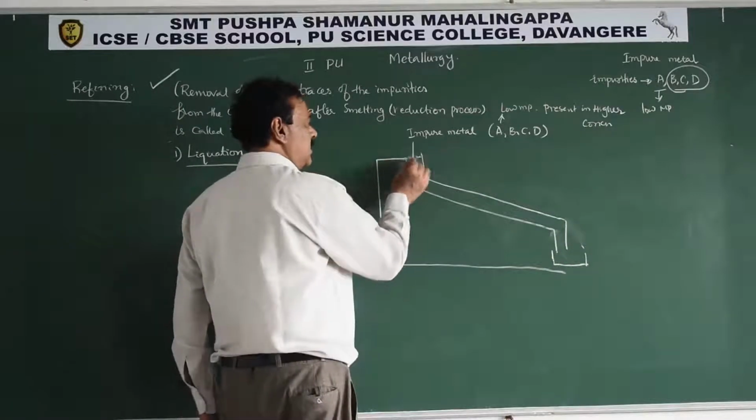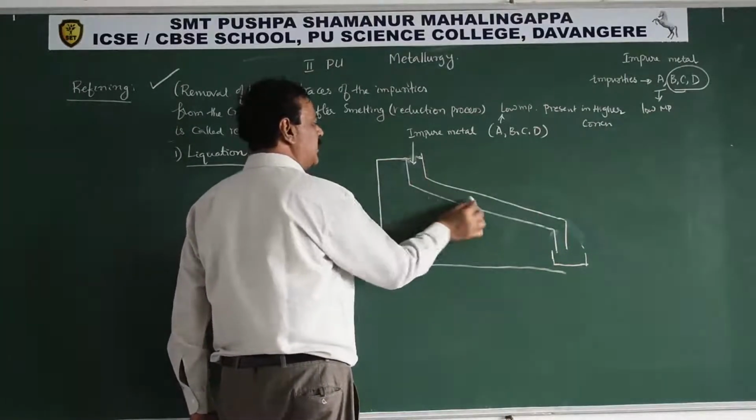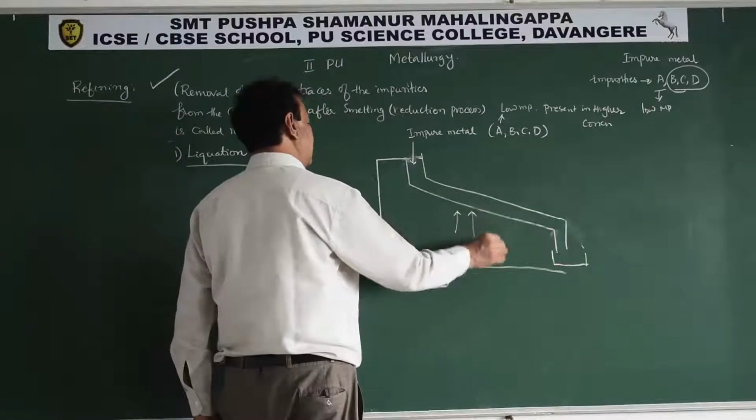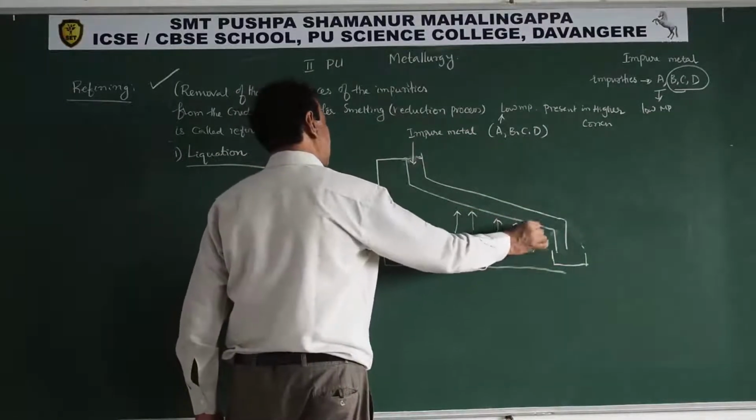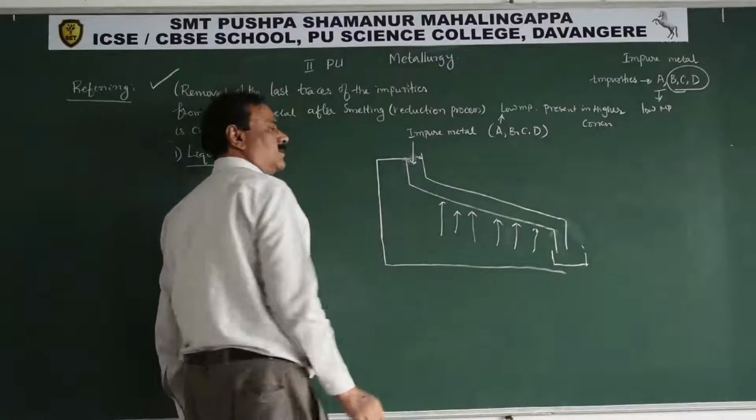The impure metal is placed on the sloping hearth of the reverberatory furnace. We are heating by means of fuel, here producer gas.